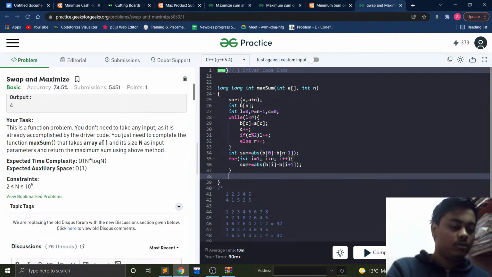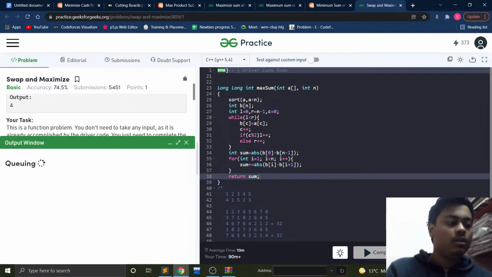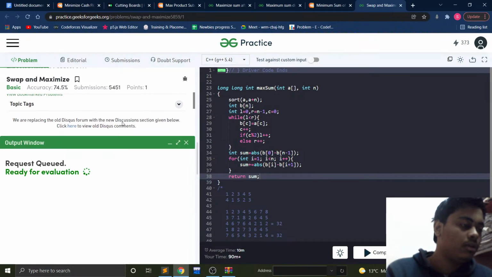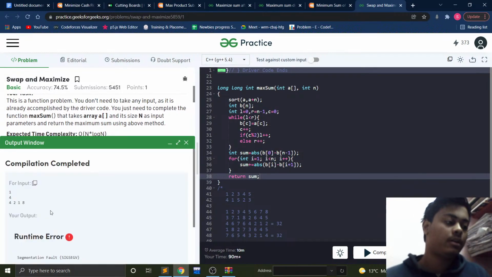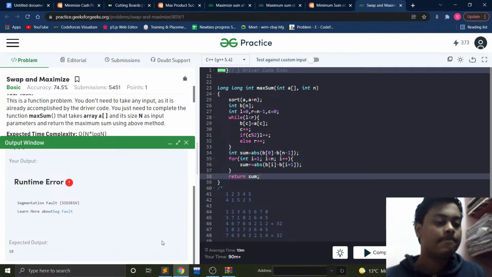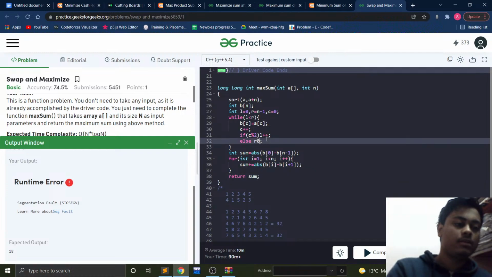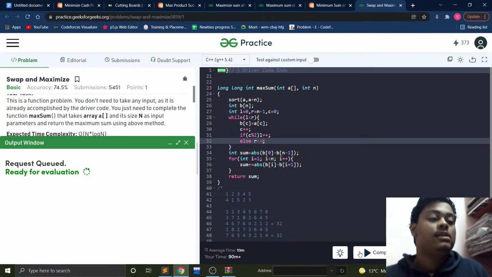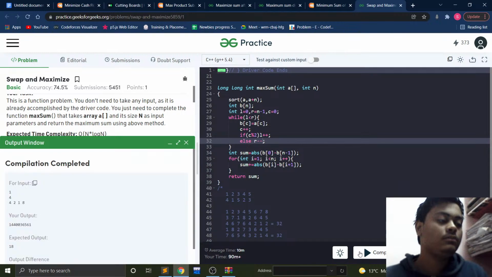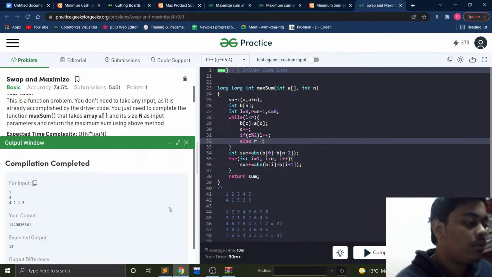Just return sum. This might work. I don't know the actual proof of this. Why is there a runtime error? Fine, that is good. R minus minus. My output is this thing.